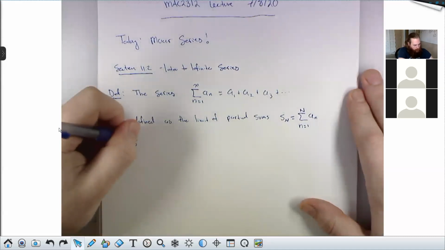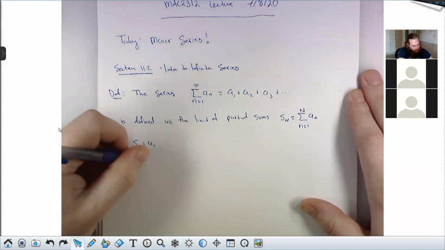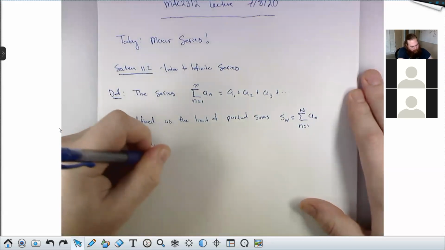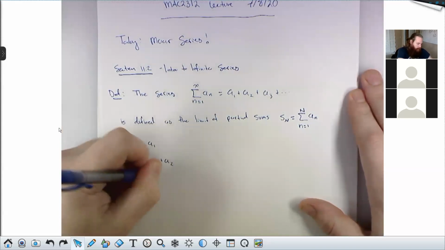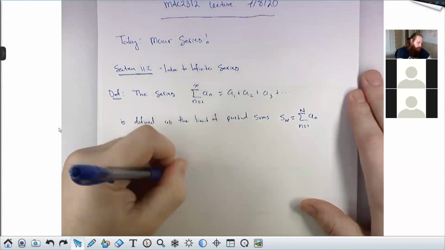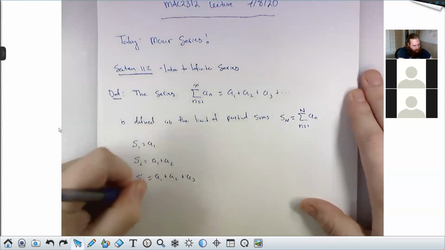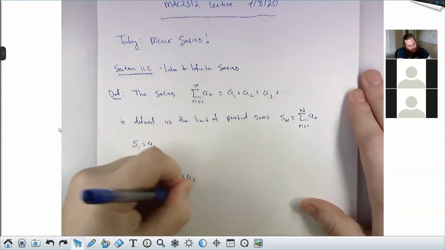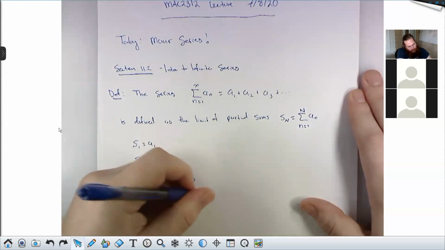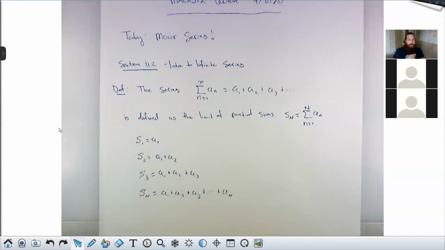So S1 is a1, S2 is a1 plus a2, S3 is a1 plus a2 plus a3, and in general, S_N is a1 plus a2 plus a3 all the way out to a_N. It's defined as the limit of these.